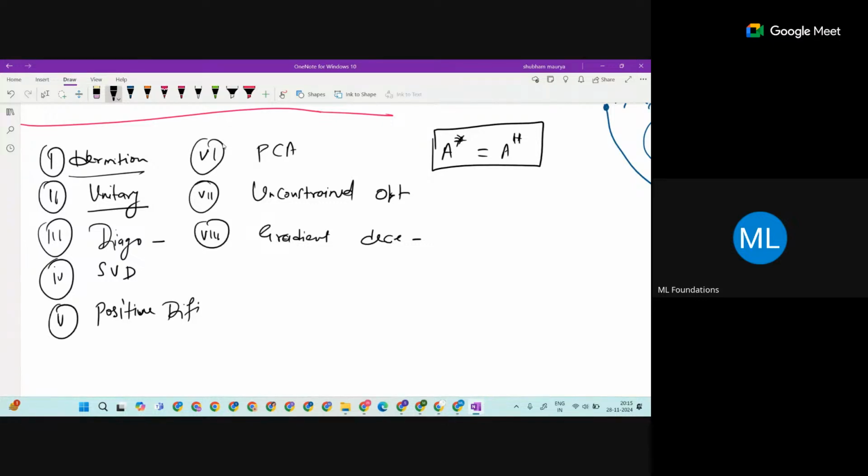You will understand the meaning: H is Hermitian. A to the power H means we are taking the conjugate transpose. This is called a matrix A is Hermitian.